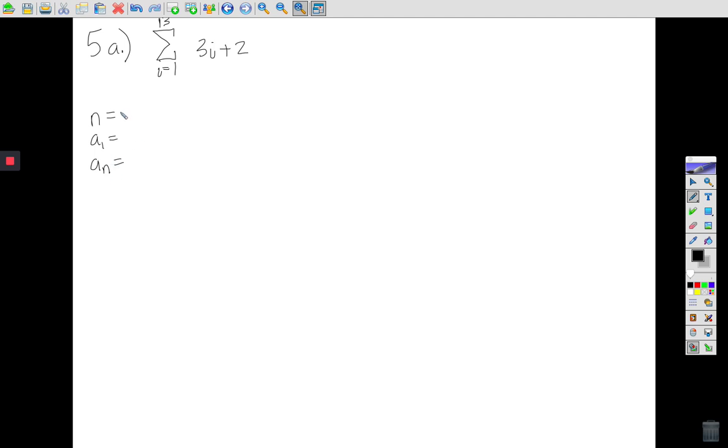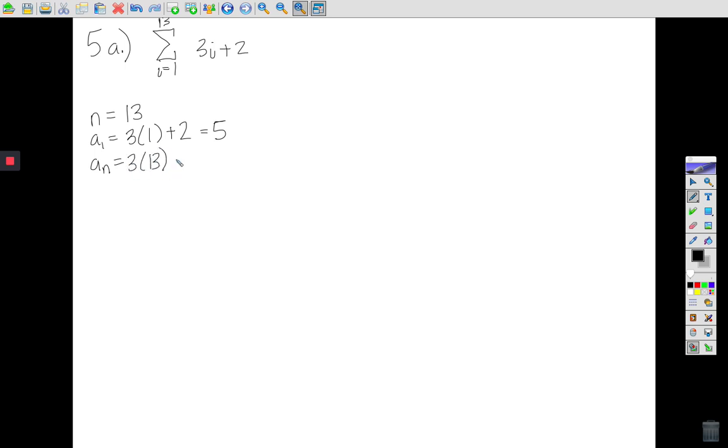Well, what's n equal? How many terms do we have? 13 is right. Figure out our first term, we plug it in. 3 times 1 is 3 plus 2 is 5. a sub n is going to be a sub 13, right?